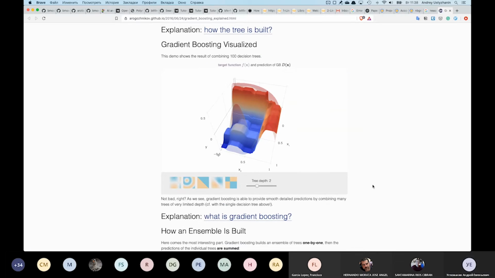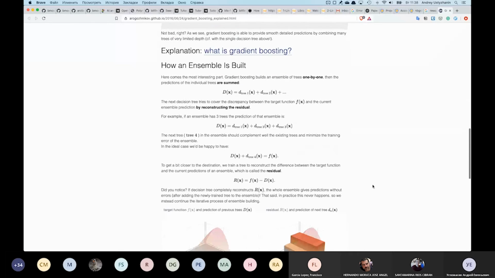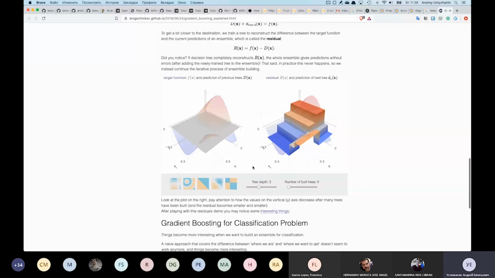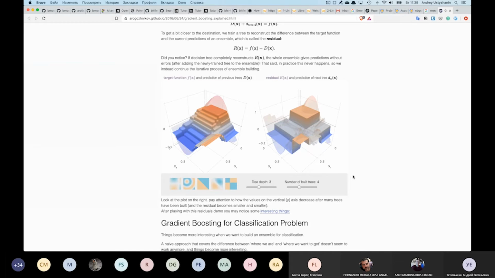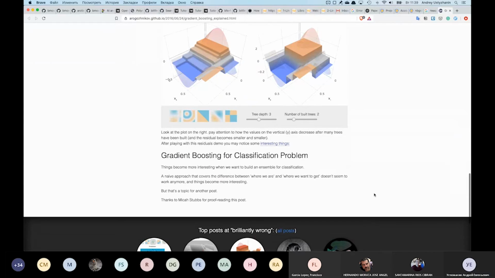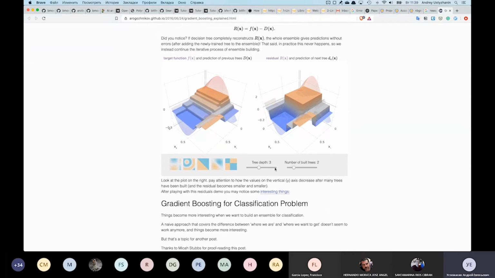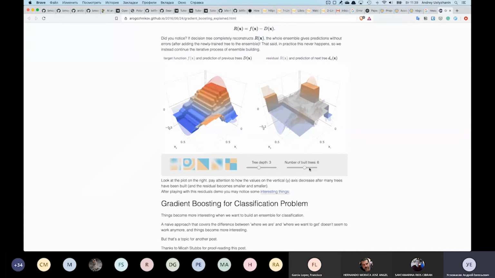In this example, we can play with the number of trees and the depth of the individual tree. So you see how accurate your ensemble can get with adding more and more instances.